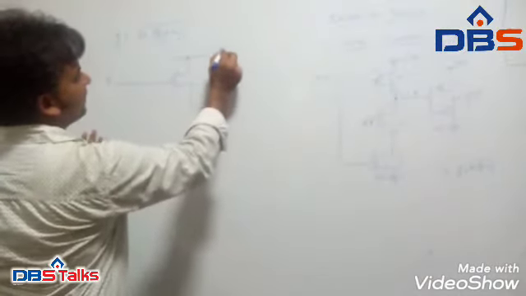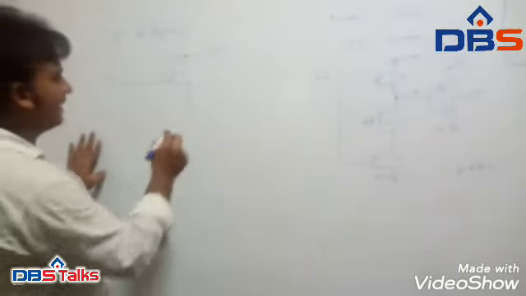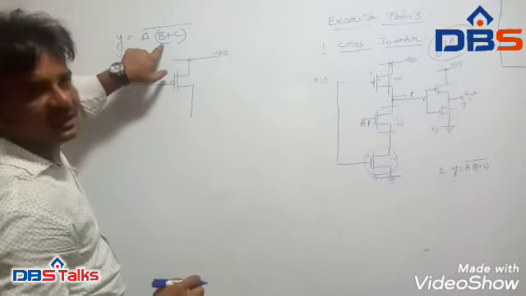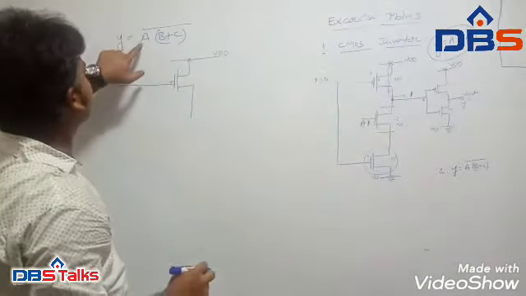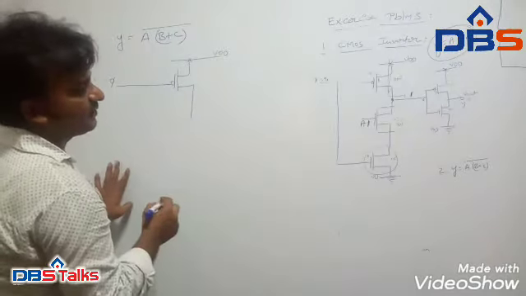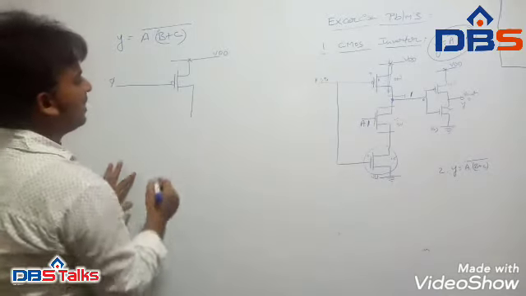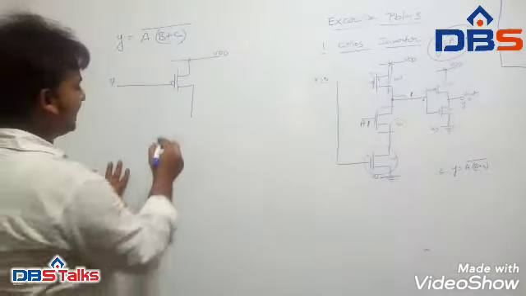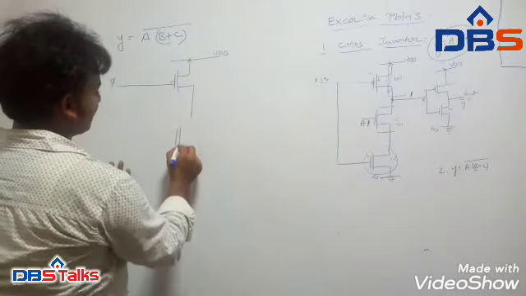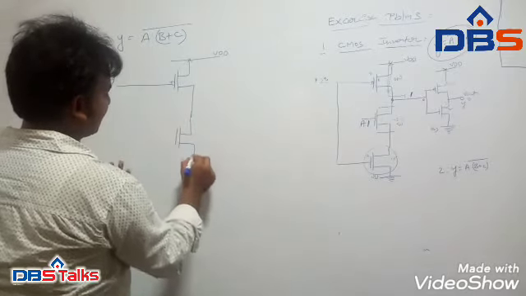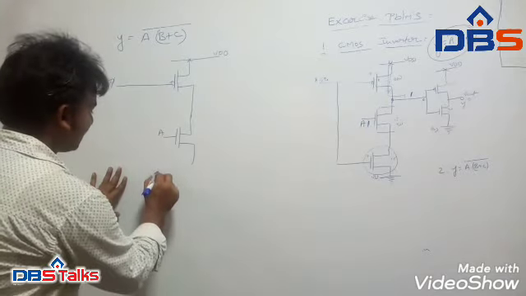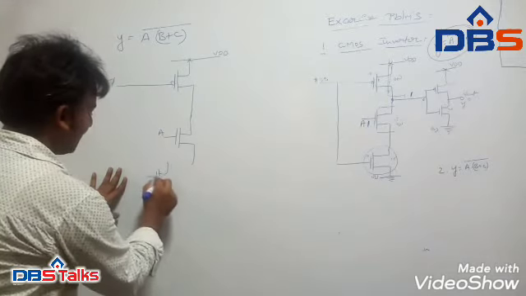We apply the VDD voltage. Here, the B element and the C element are in an OR function, and A is in an AND function. B and C, if ORed, follow parallel functionality, and AND is series. That means I have to take N-type transistors with A, and B and C are in parallel.